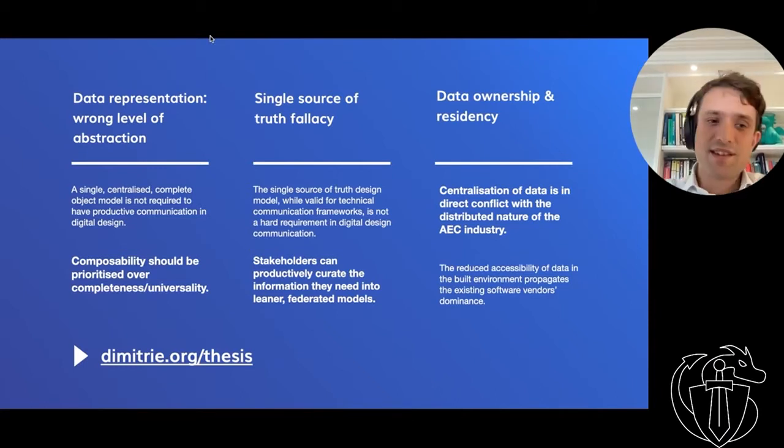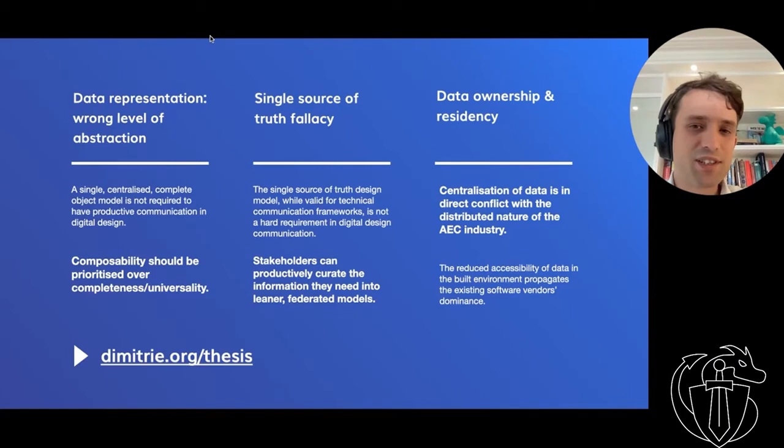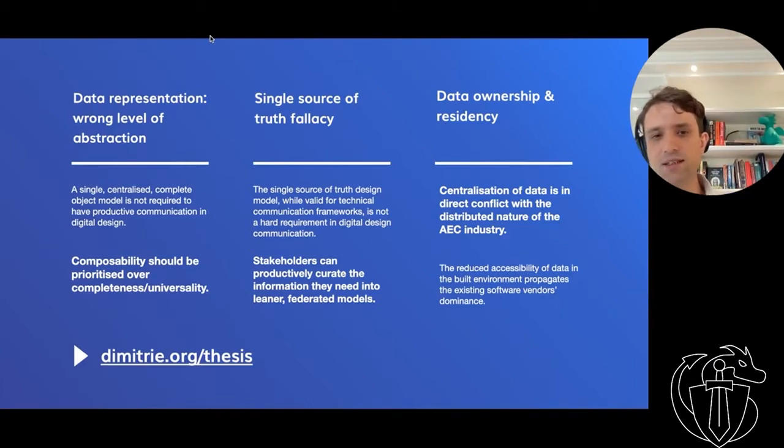There are some other funny aspects that you see when you read all the papers, like the single source of truth fallacy. It's what I call it, in a very provocative way, I admit it. And AC is federated, and in a sense, it's diminishing the capacity of stakeholders, designers, engineers, BIM managers, and everybody else to curate the information that they need.